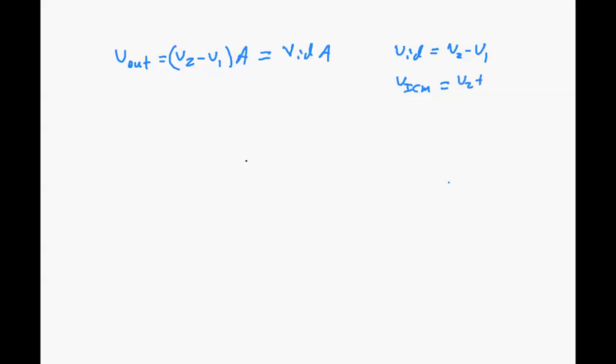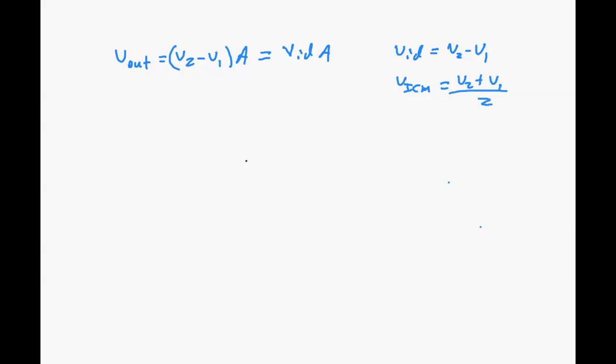V out is equal to V2 minus V1 times A, and that equals VID times A. VID is equal to V2 minus V1, and VICM, the input common mode voltage, is the average of V2 and V1, V2 plus V1 divided by 2.